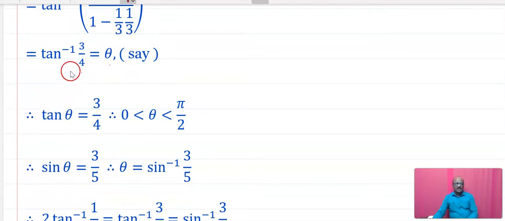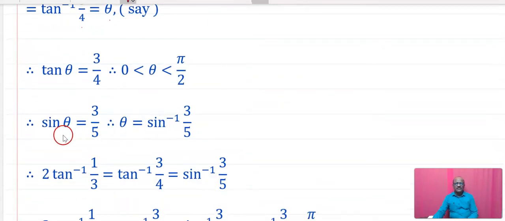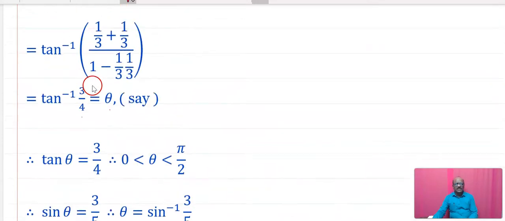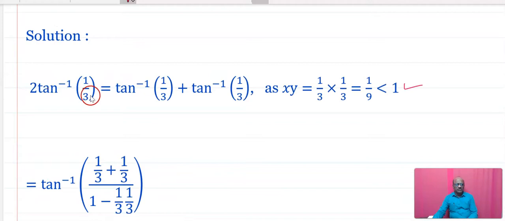Therefore, 3 by 4 is equal to tan theta. The value of theta lies between 0 and pi by 2. Next, sin theta is 3 by 5, and that's why theta is equal to sine inverse of 3 by 5. Now consider 2 times tan inverse of 1 by 3.